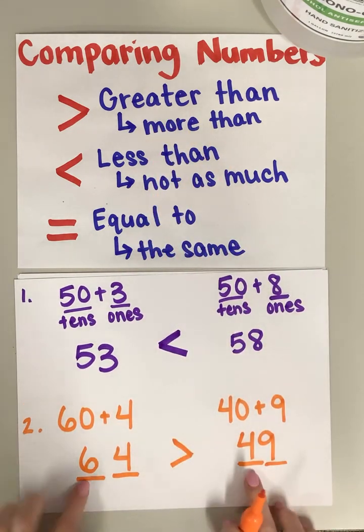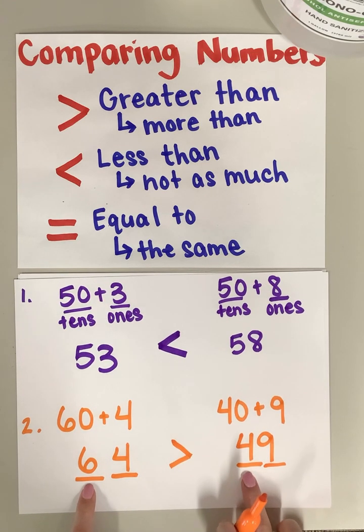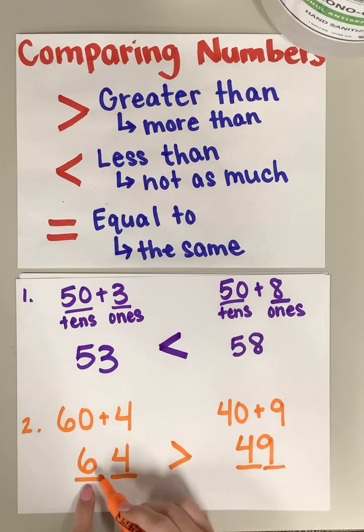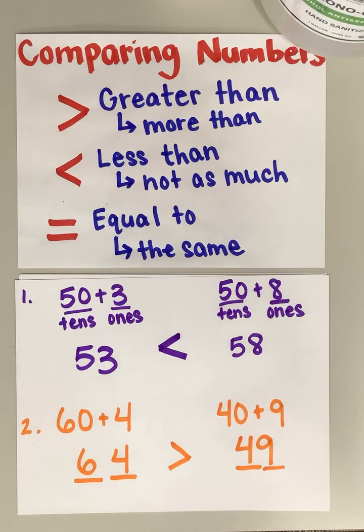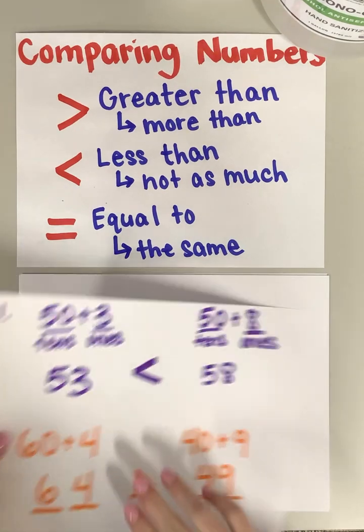Because if I look in the tens place, I know that 6 is more than 4. So that means this is the bigger number. Good job, guys. Let's do one more together.